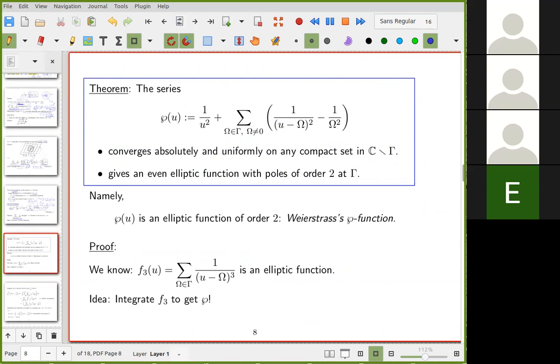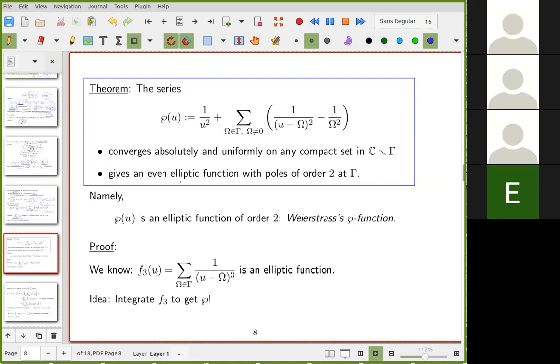And we are now going to prove that this series does converge absolutely and uniformly, except at lattice points, on any compact set.